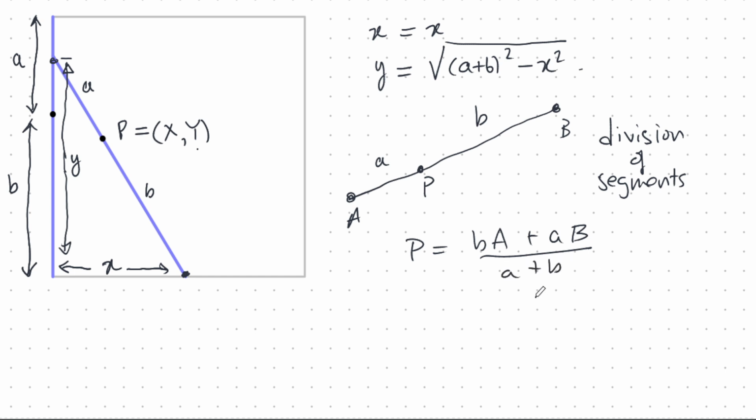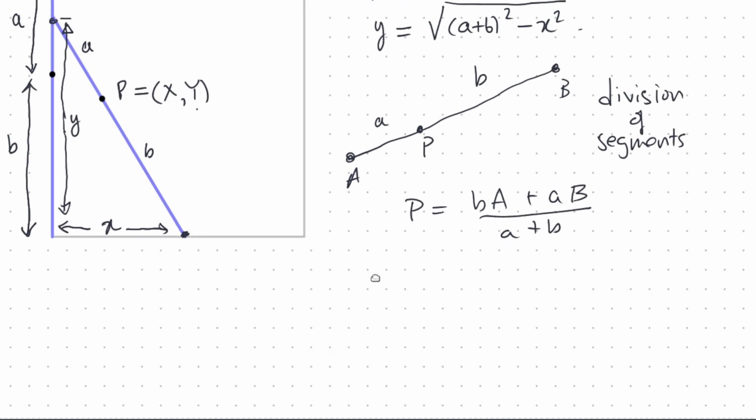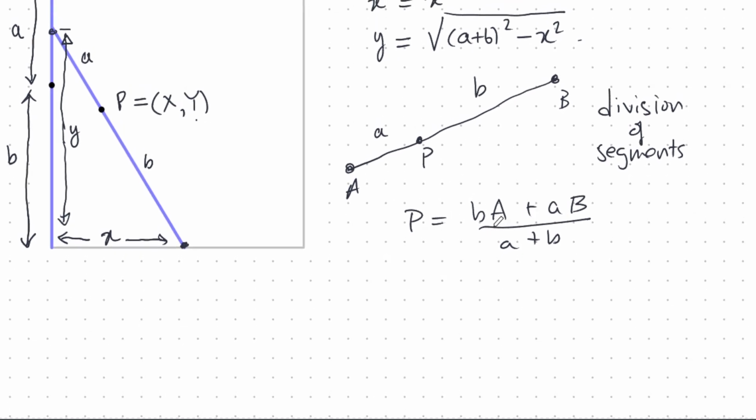Now, let's try to see how this works. It's a bit counterintuitive. You think it should be a times A, but no. If a goes to 0, then P must become A. So let's see if that's true. Then a is 0, so I have bA over b, and that's A. So that's good.